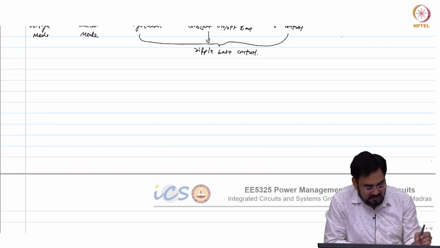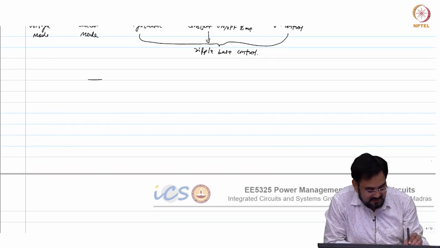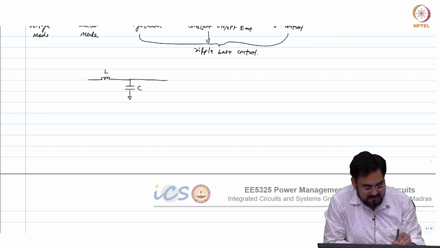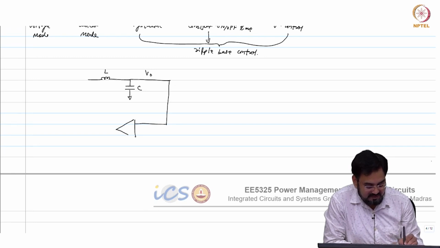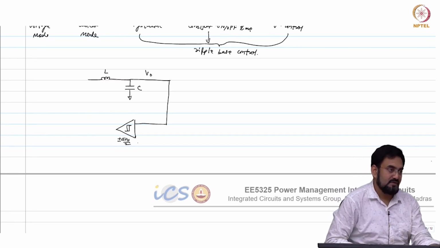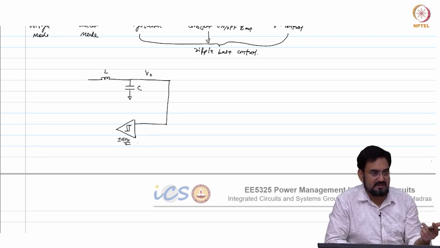Okay. So now let us say I have L and C. This is my output. In the feedback, if I have a comparator, and let us say this is a hysteretic comparator with plus minus delta VH by 2, which means peak to peak is VH.